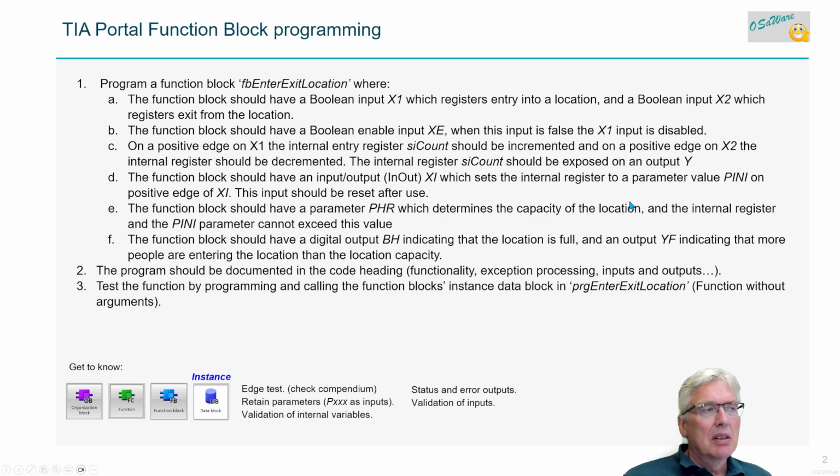This internal register, the count, can't be higher than this, and the initial value, of course, you have to validate these and make sure that this one is not greater than this one. The internal should stop counting, or you could continue counting, but then you have overcapacity. Digital output BH indicates the location is full, and an output IF indicates that more people are entering the location than the location capacity.